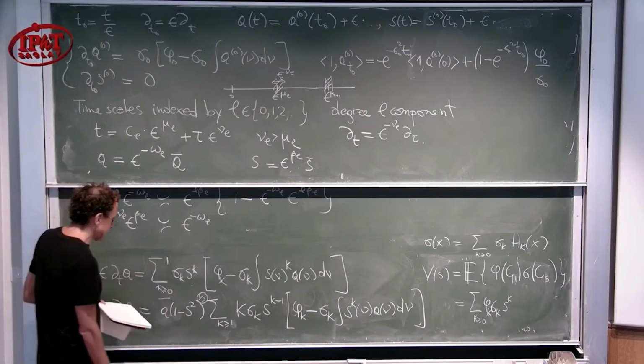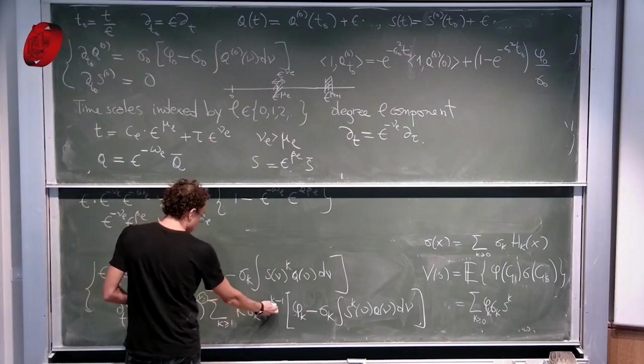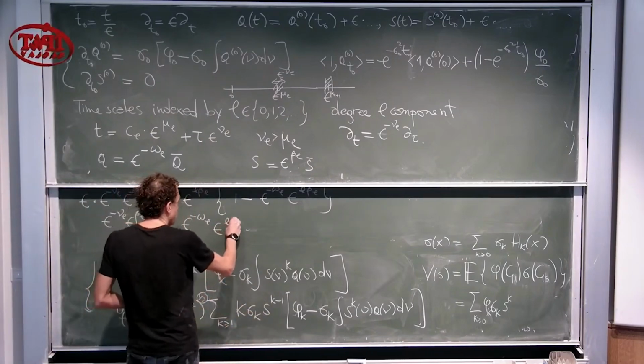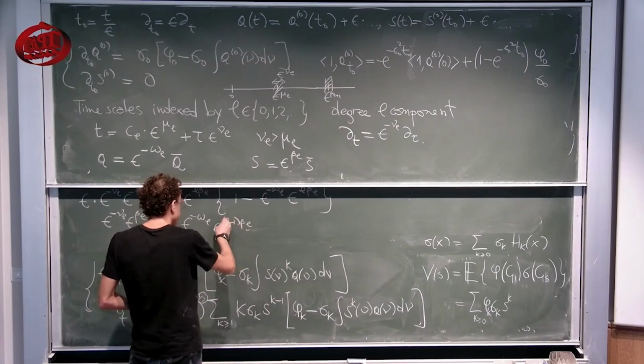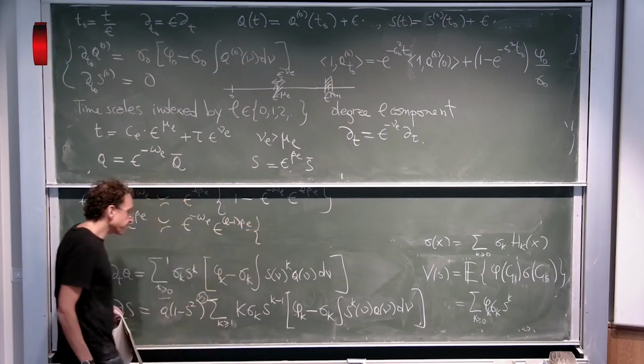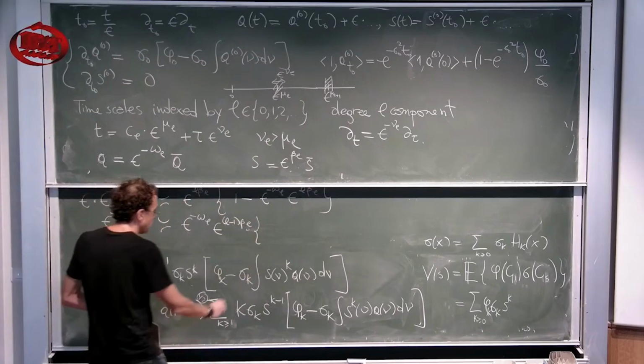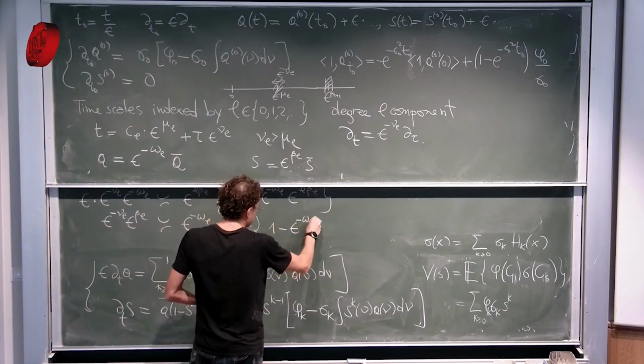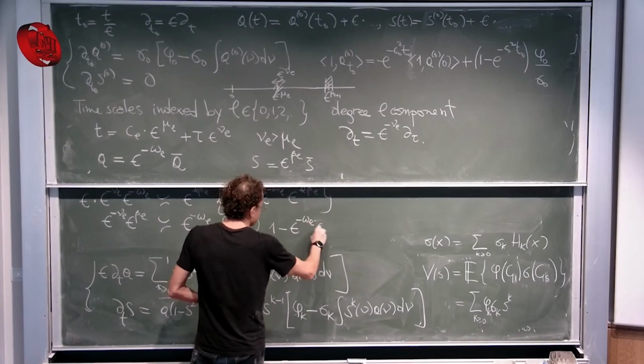So you have this, and then there is S to the L minus 1, so epsilon to the L minus 1. Then again 1 minus epsilon to the minus omega L times epsilon to the L beta.